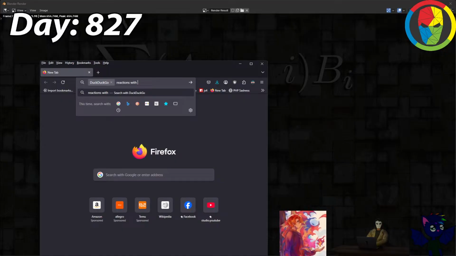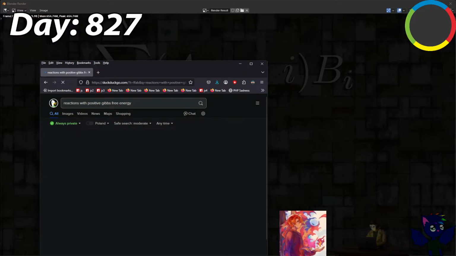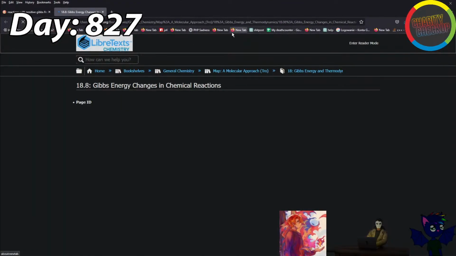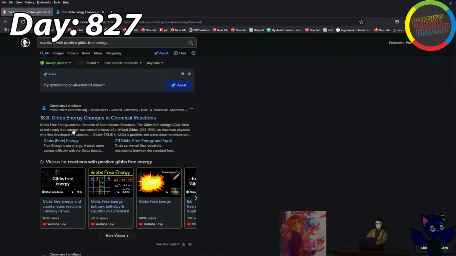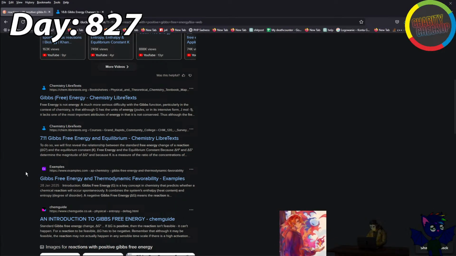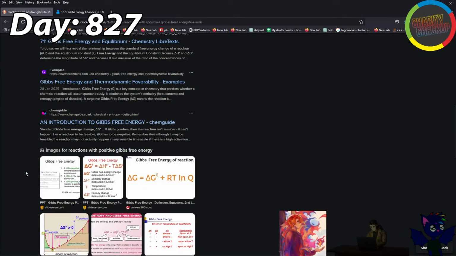So it's exergonic. Most, like, all spontaneous reactions are exergonic. Endergonic reactions are the one. So can you have a reaction with positive Gibbs free energy? You can. Okay. But you need some external driving force.